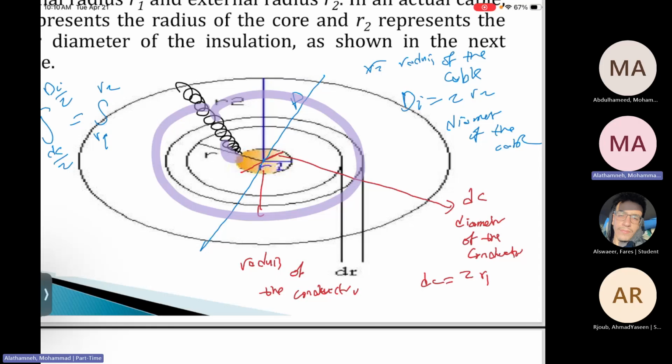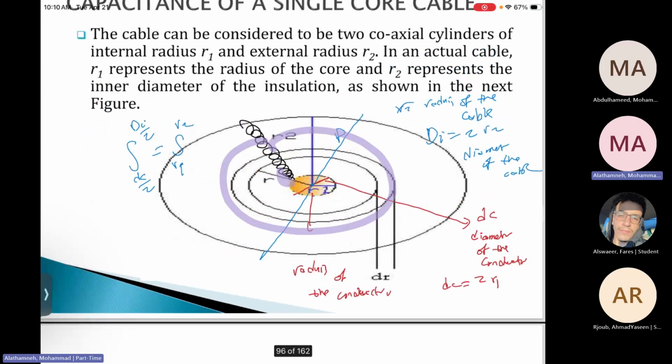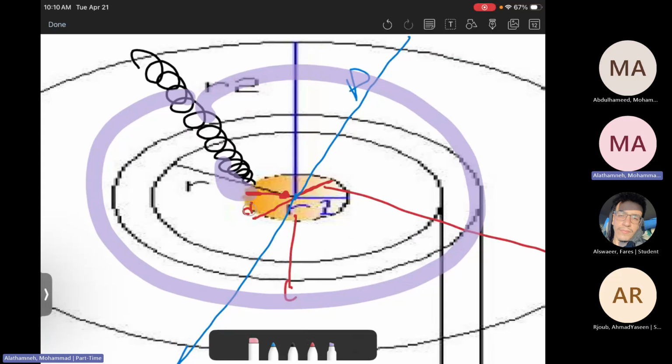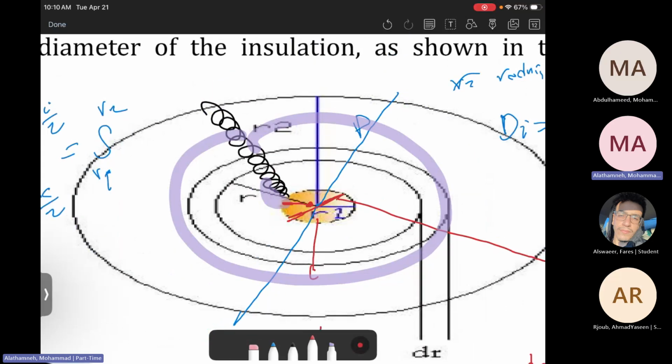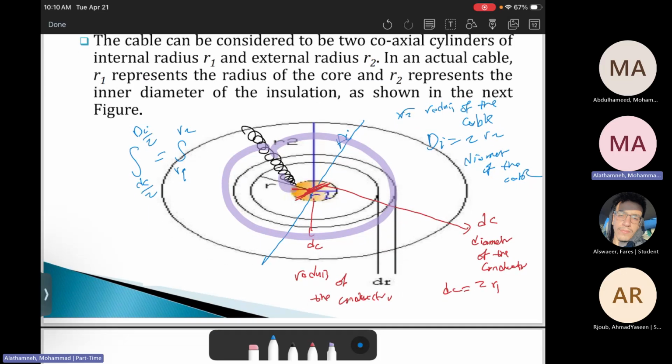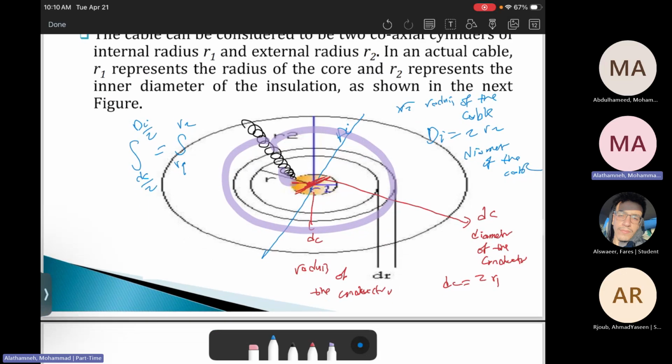So there's the conductor diameter and the diameter of the whole cable, as we see here in the previous picture. From here to here is the DC, the one in red, which is the diameter of the conductor, and the blue one, which is DI, the diameter of the cable.